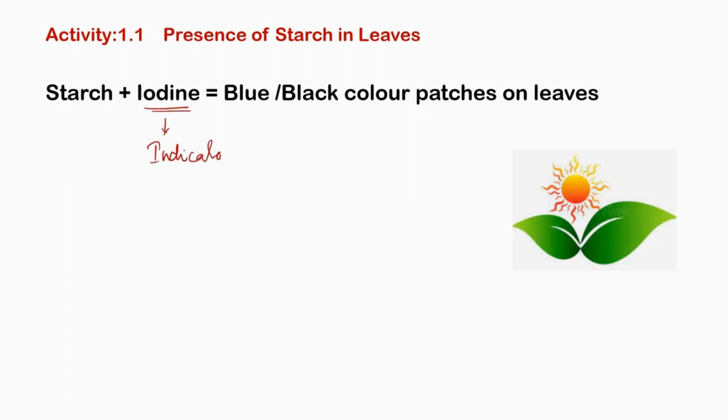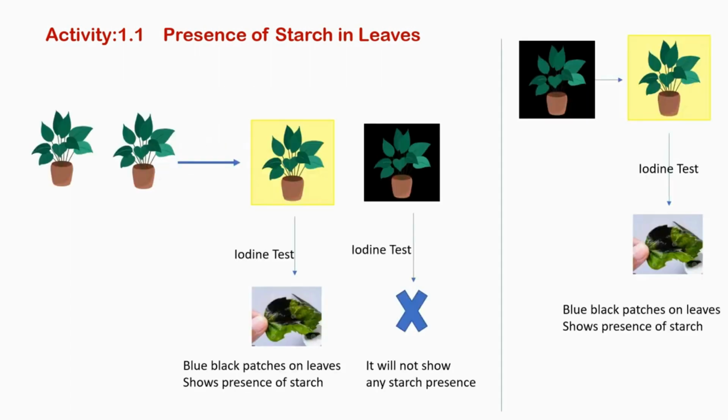We choose two potted plants, plant A and plant B. One we keep under sunlight and the other we keep in the dark for 72 hours, so this plant won't be able to do any photosynthesis or generate any food as a result of photosynthesis. The plant kept in the sunlight is plant A, and the plant kept in the dark is plant B.